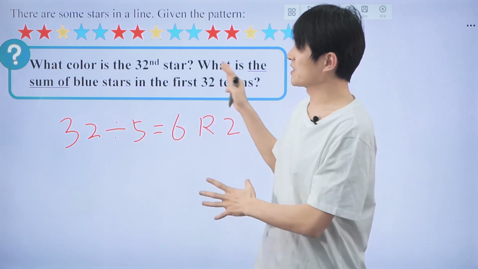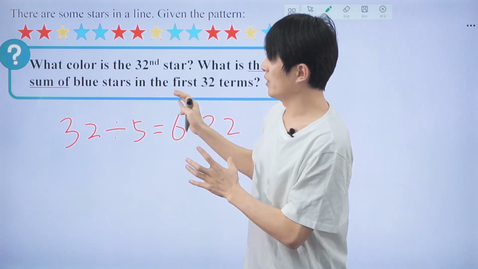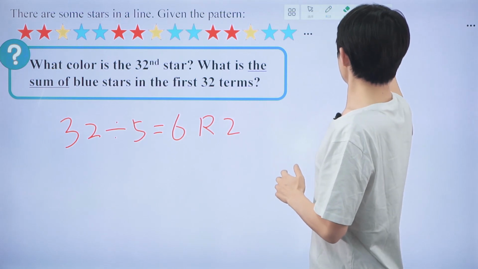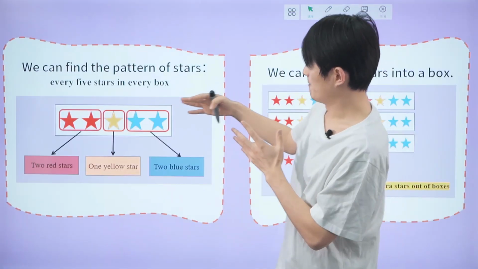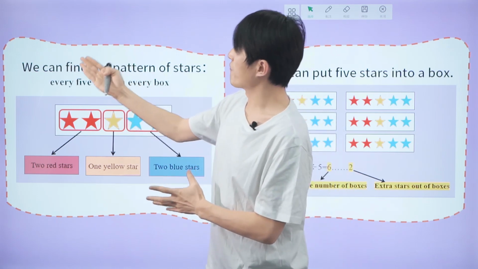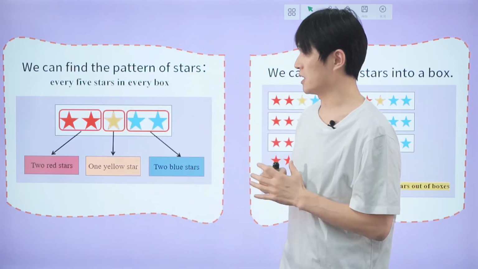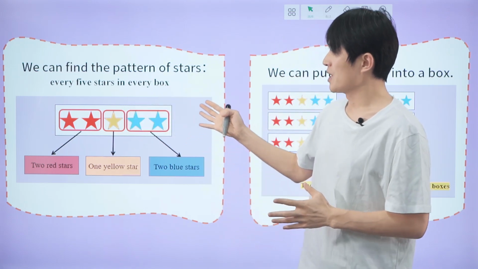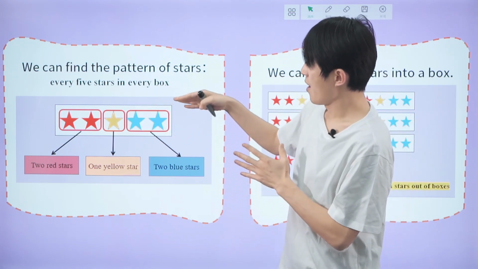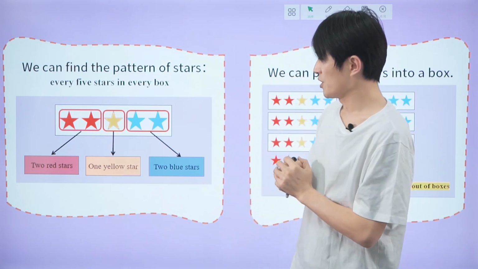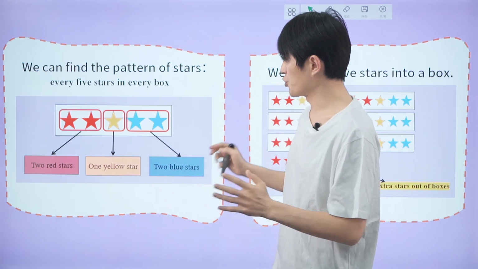And you can actually use the same way to calculate the sum of blue stars, okay? So here comes this pattern. So we can find the pattern of stars. This is the method. Every 5 stars in every box, so you have 2 red, 1 yellow, and 2 blue.